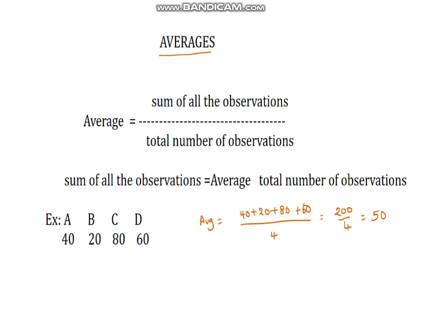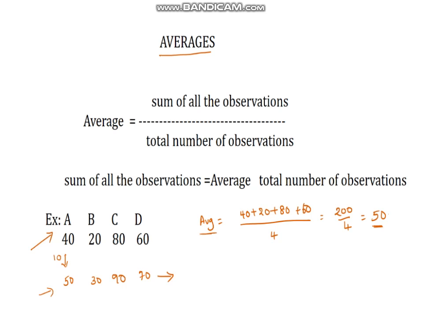Suppose each person's weight increases by 10 kgs. There, the four people's average is 50, already calculated. A will become 50 kilos, B will become 30, C will become 90, D will become 70 kgs. What is the new average of A, B, C, D?